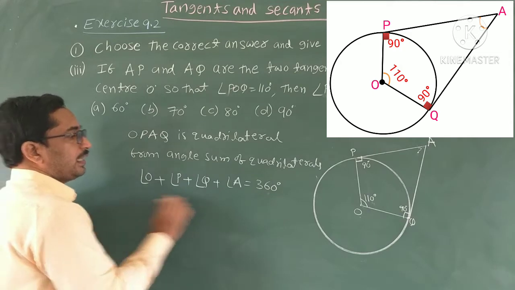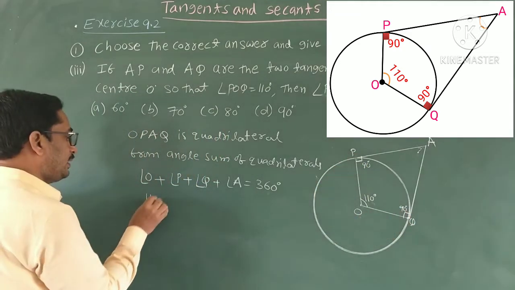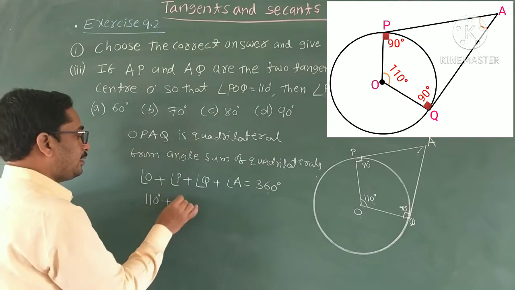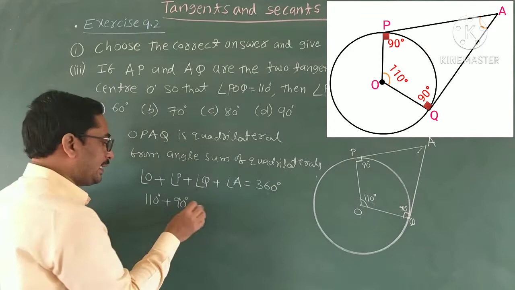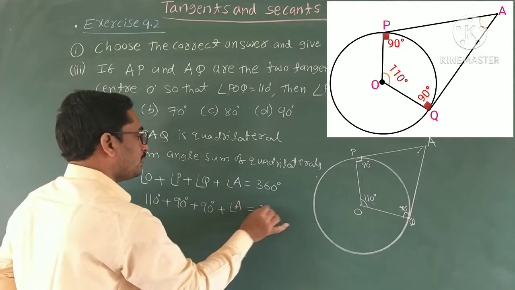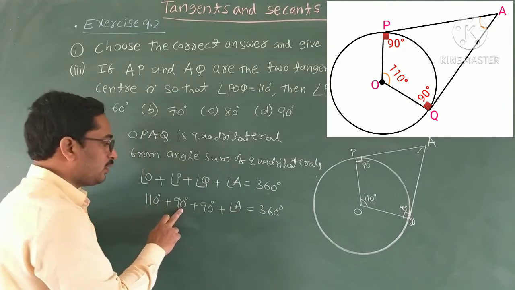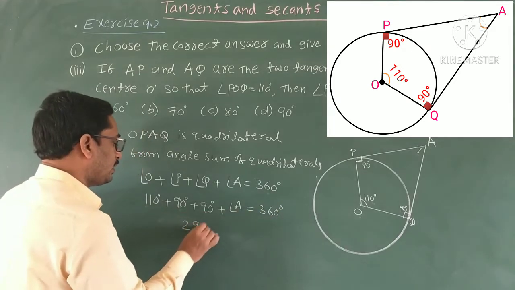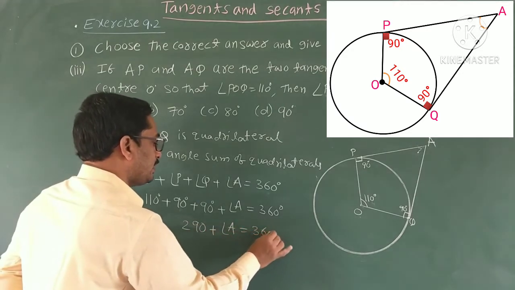Angle POQ is given as 110 degrees, angle at P is 90 degrees, angle at Q is 90 degrees, and angle at A we have to find out. 110 plus 90 is 200, 200 plus 90 is 290, plus angle A equals 360 degrees.